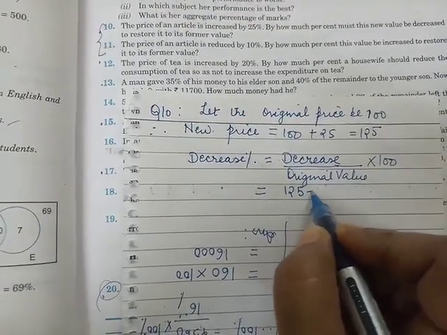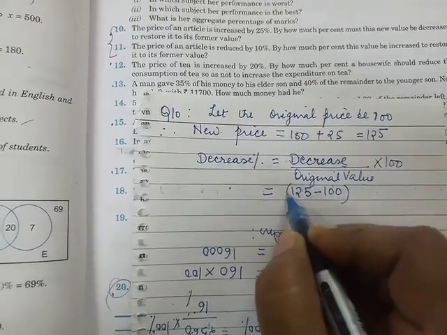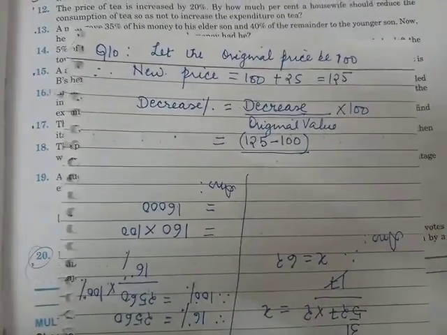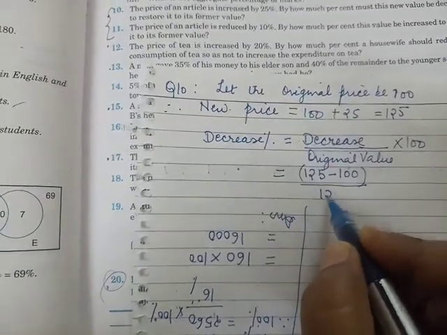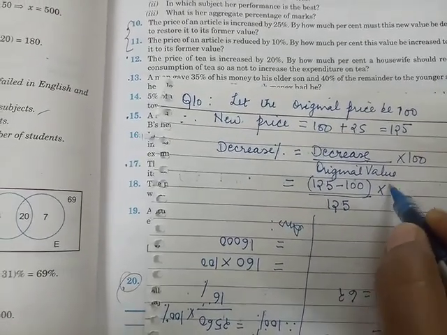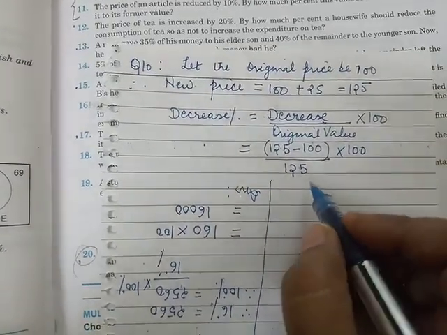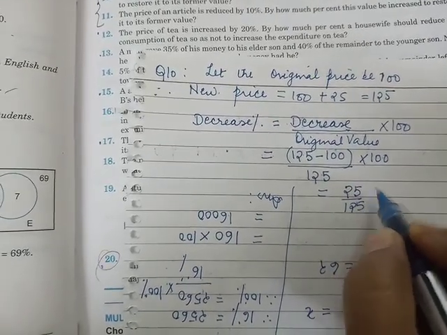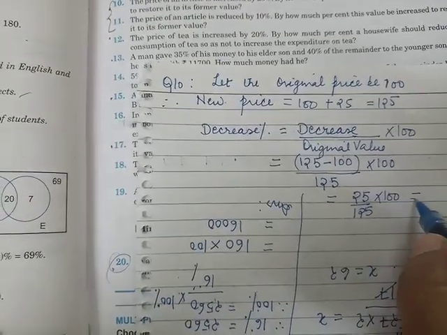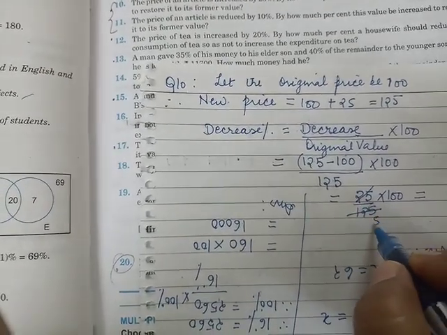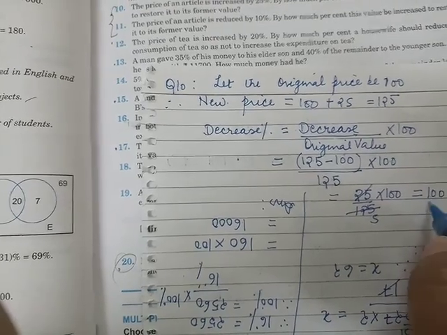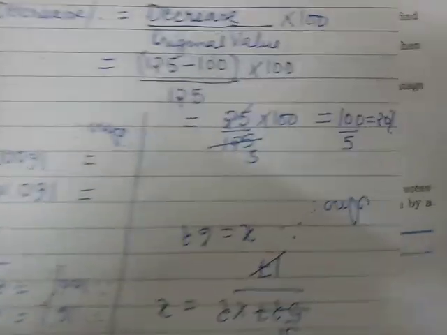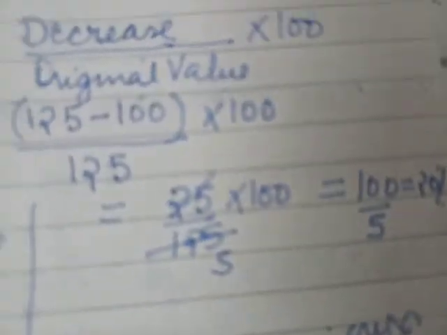So 125 minus 100 upon the original value, and the original value is not the previous value. What is the new price now? That is 125 into 100, that becomes 25 upon 125 into 100. That becomes 25, 5 fives are 125, 100 upon 5, that becomes 20%. So the decrease percent is 20%.